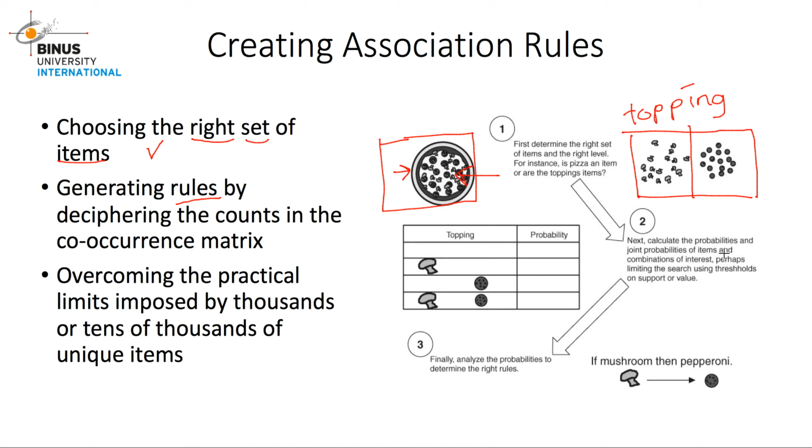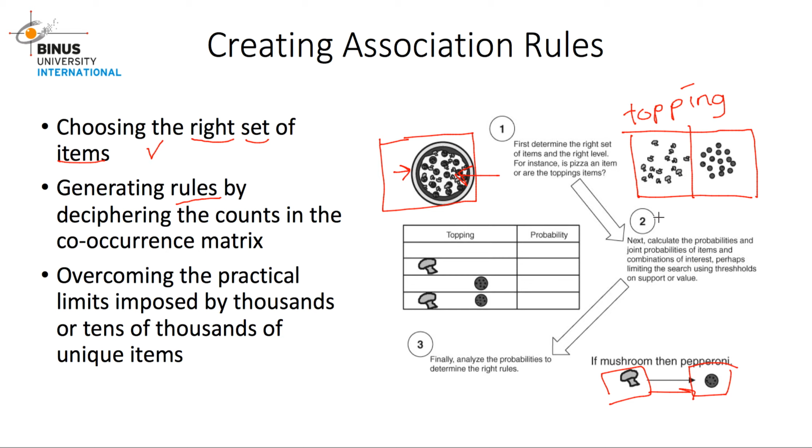Next, calculate the probability and joint probabilities of items and combinations of interest, perhaps limiting the search using a threshold on support or value. So we can have something like this: if mushroom, then people will pick pepperoni. This overcomes the practical limits imposed by thousands or tens of thousands of unique items.